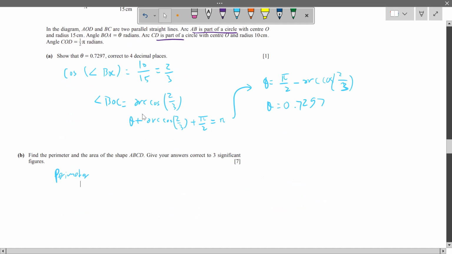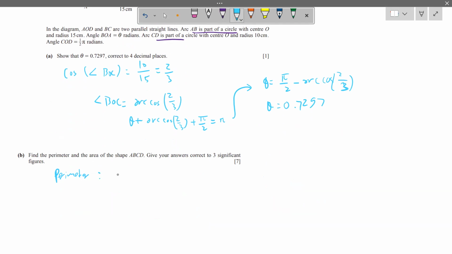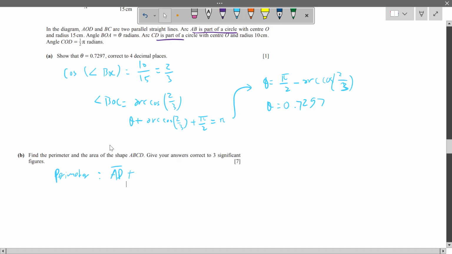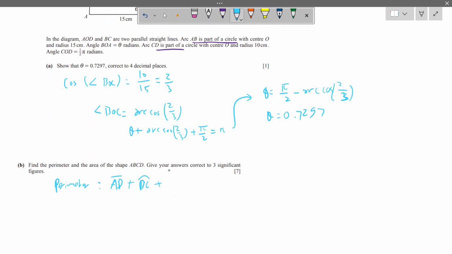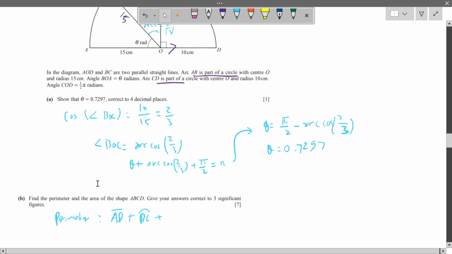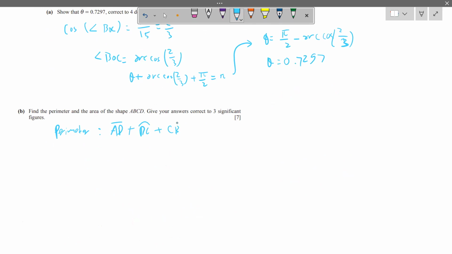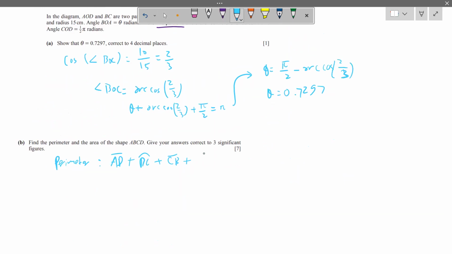So the perimeter is simply the sum of AD, which is a line, and then arc DC, and then CB plus BA.